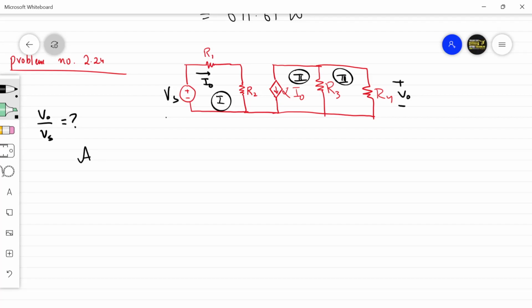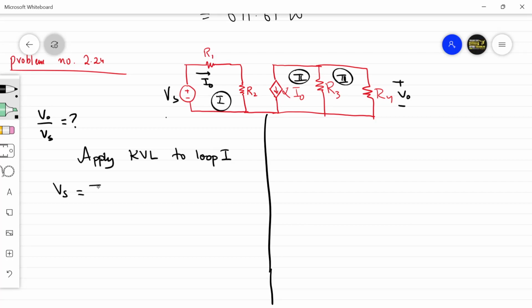Applying KVL to loop 1, Vs is equal to I naught into R1 plus I naught into R2. Right?